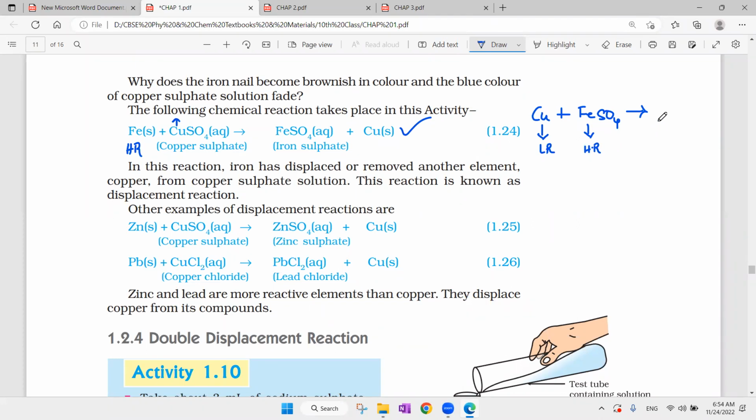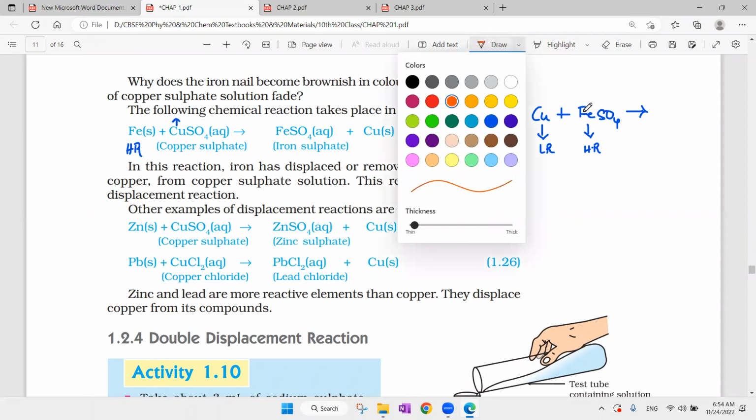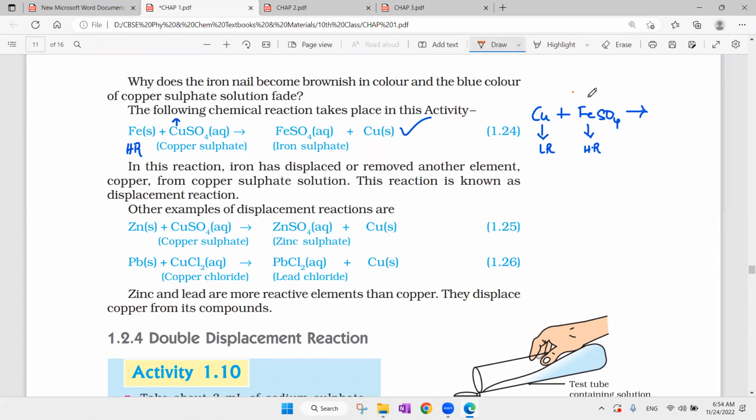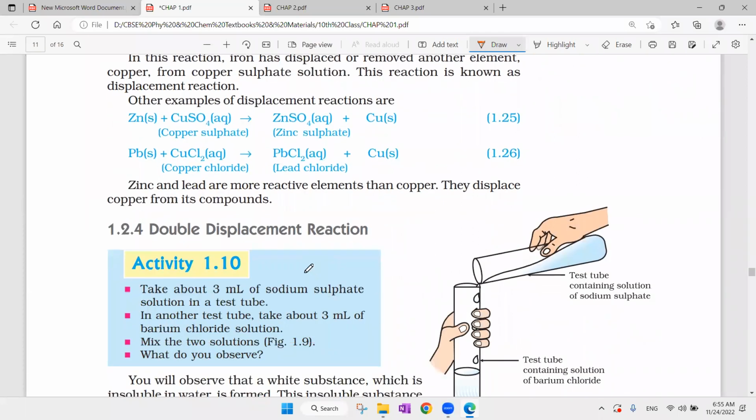So what would be the answer? No displacement, no reaction. Very good. Like that, we have three examples: iron plus copper sulfate, zinc plus copper sulfate, lead plus copper chloride gives rise to lead chloride plus copper.